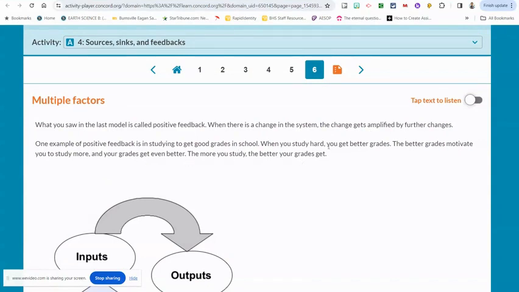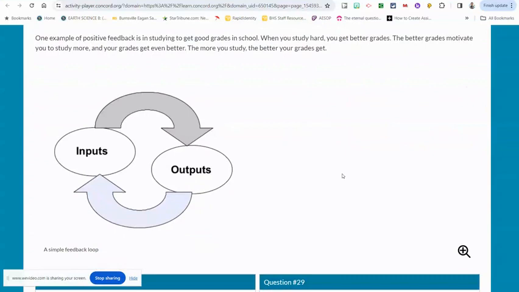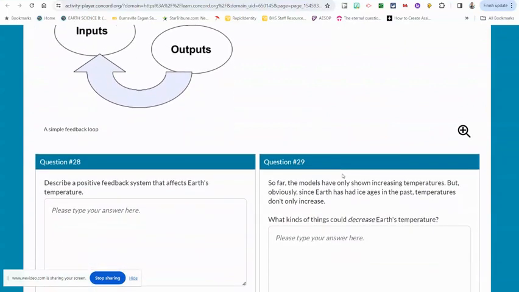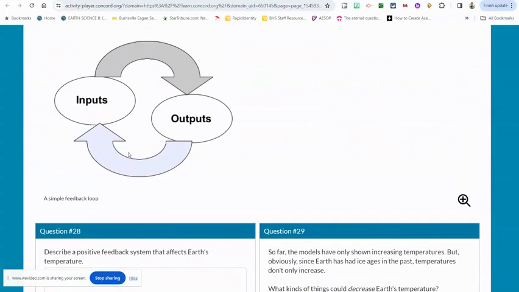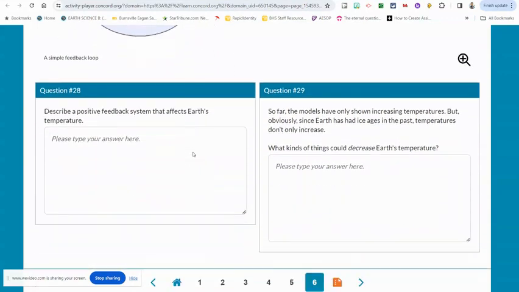When you study hard, you get better grades. Or you could say attendance in class, right? The more time you spend in class, the better your grade tends to be. So we call that a positive feedback. A positive feedback is when an input causes an output to increase, which then causes the input to increase. Okay. We're going to see that more in our next activity.